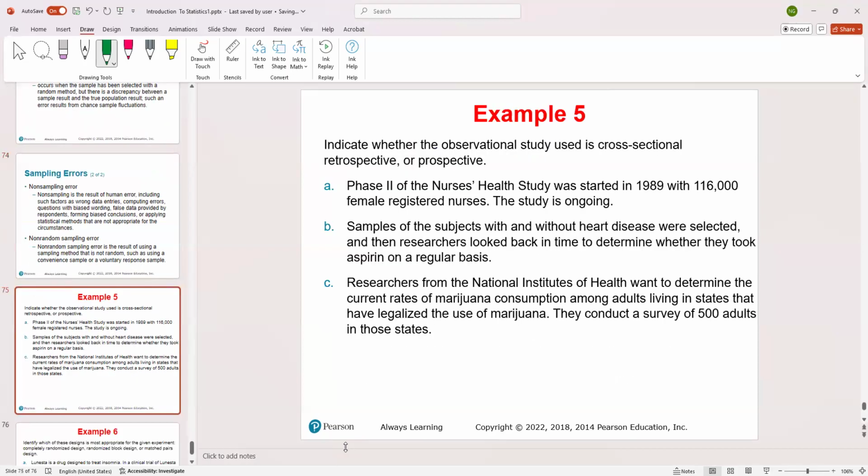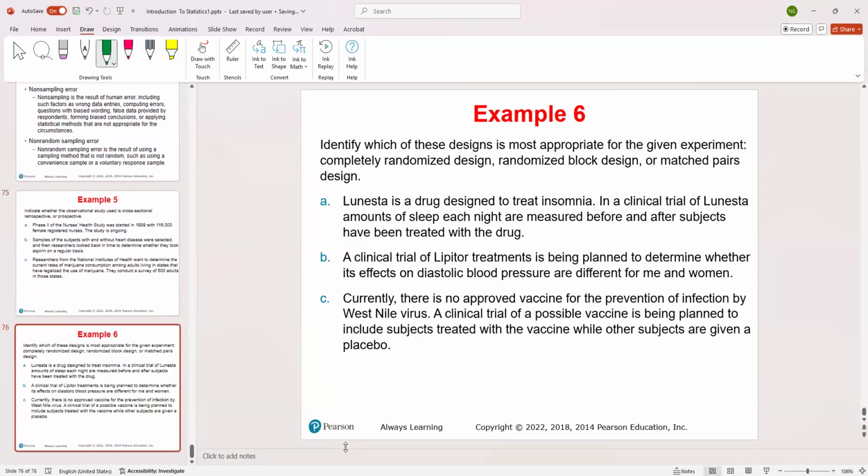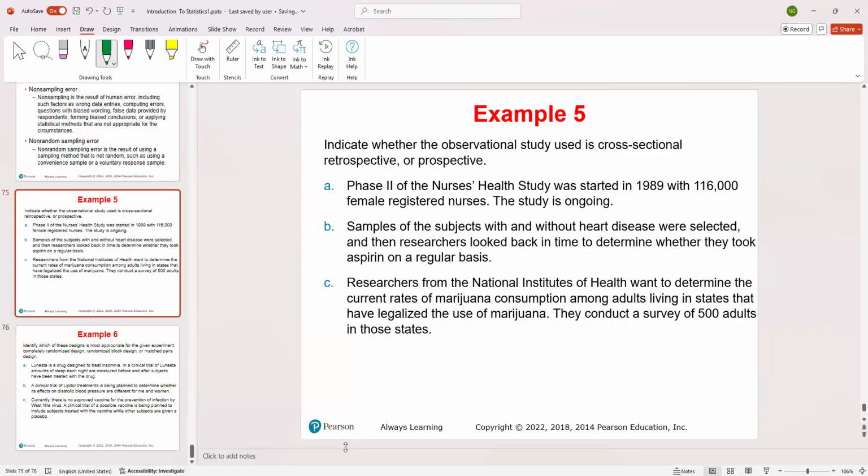We're going to go over two or three examples to conclude. In this exercise, we were asked to identify whether the observational study used a cross-sectional, retrospective, or prospective design. Remember, we defined that an observational study observes and measures but does not modify. We can do it over a past period of time, at one point in time, or forward in time.